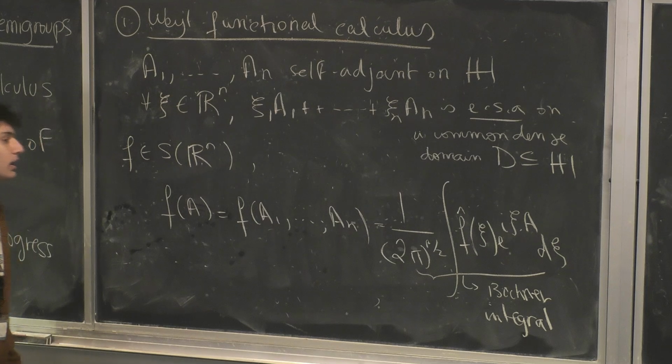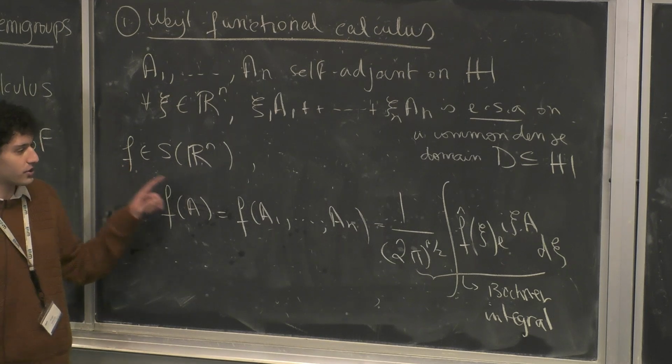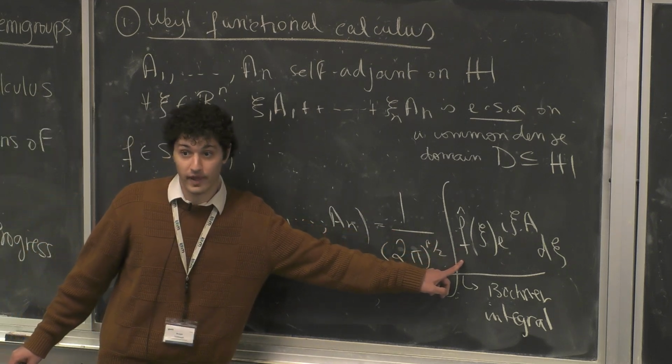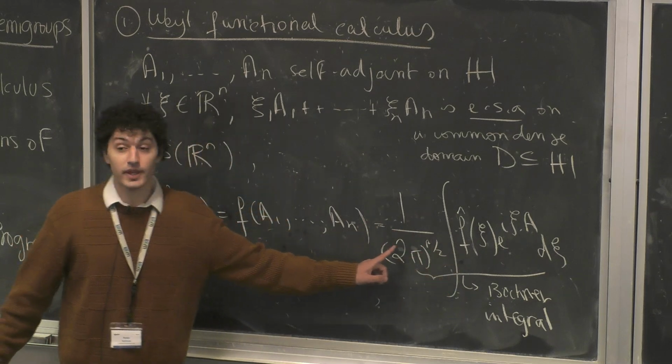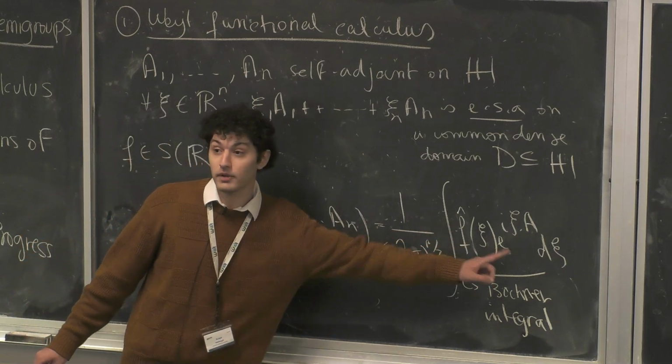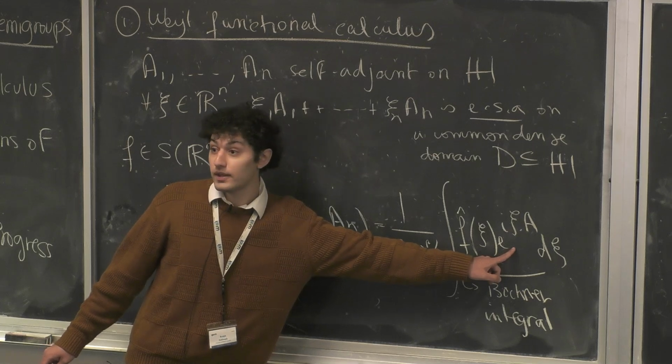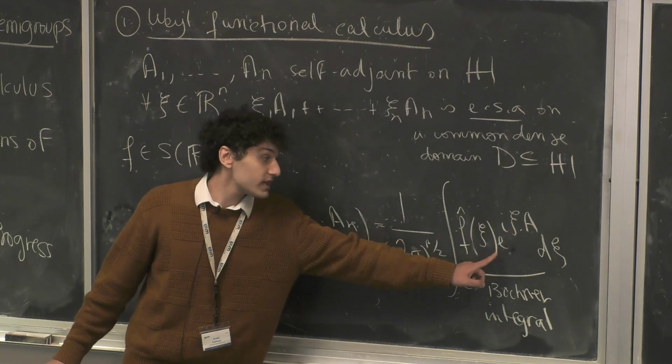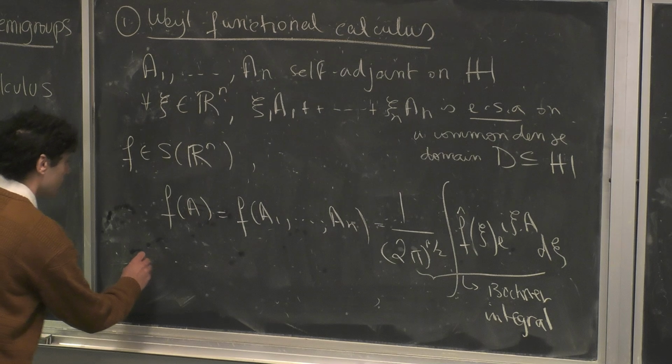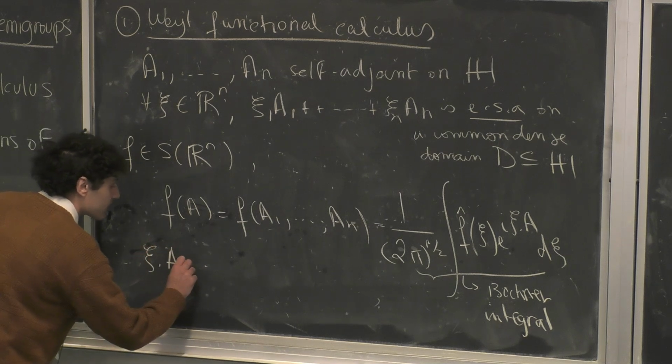So if you have a Schwarz function, you first take the Fourier transform of f. And then as you take the Fourier inverse, instead of taking the normal Fourier inverse, you put here an operator-valued kernel, which is e to the i xi dot a, where xi dot a is the closure.